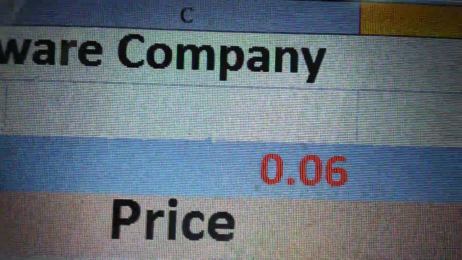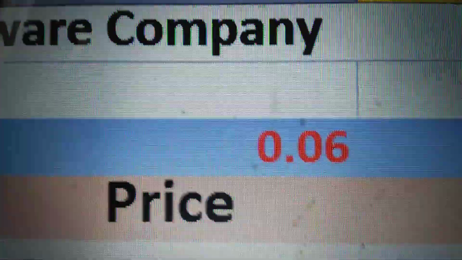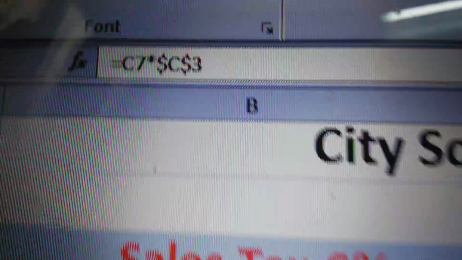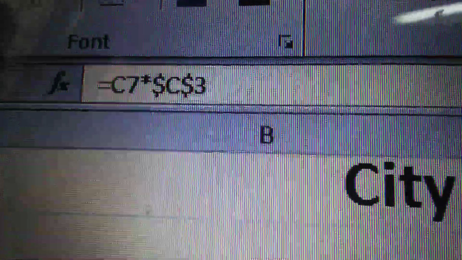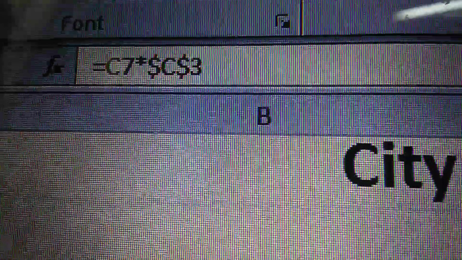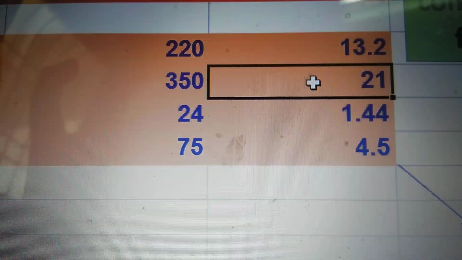As I said, this value will remain constant and the reference of the cell in which the price is present will change. Before it was C6 and now it is C7, containing the value 350.